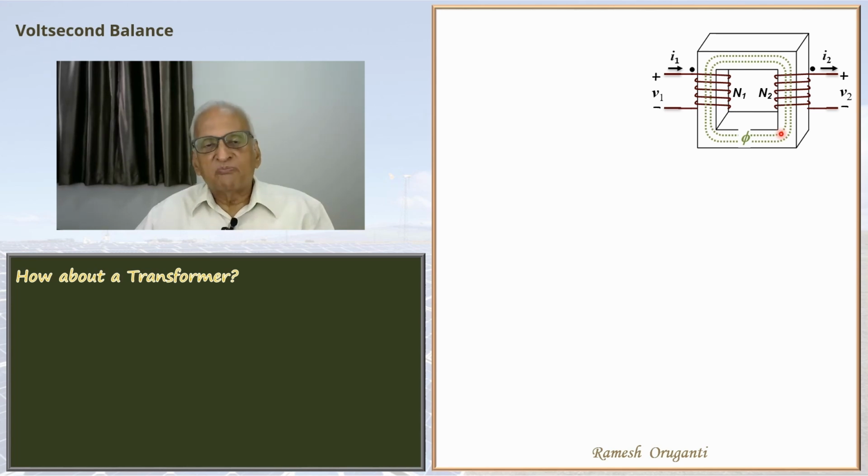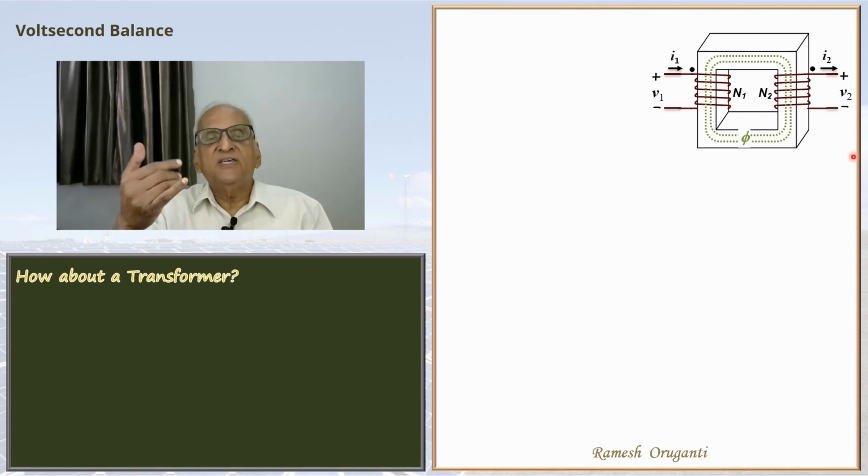The flux is proportional to the magnetizing MMF, the flux is proportional to the magnetizing current. The third assumption is that the resistance of the winding is negligible, so we will neglect it. So these are the three assumptions we will make, and we will draw a simplified equivalent circuit, and we will understand the Voltsecond balance in a transformer from the equivalent circuit perspective.